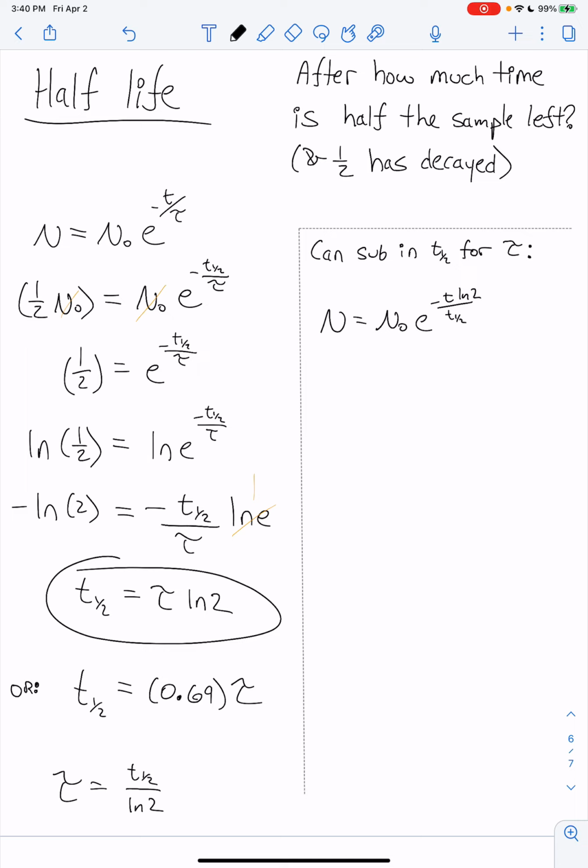So next, I'd like to get rid of the negative sign. So let's go N, and I'm going to go e, and we'll say, well, this is t ln 1/2 over t1/2.